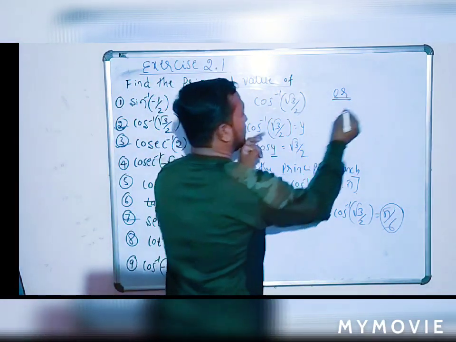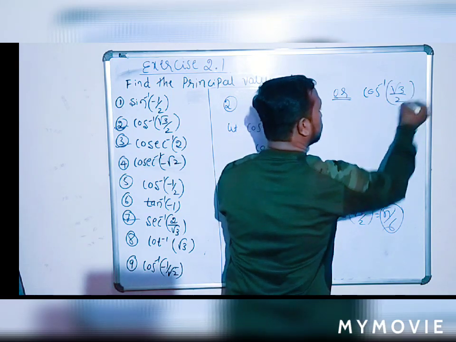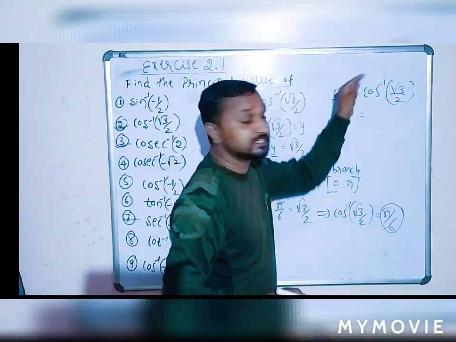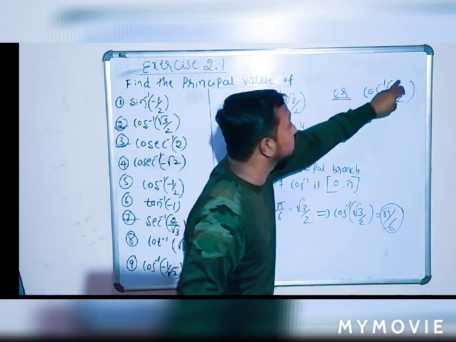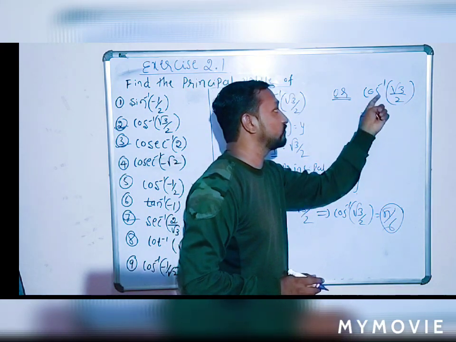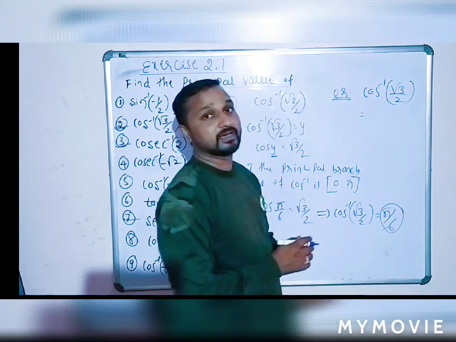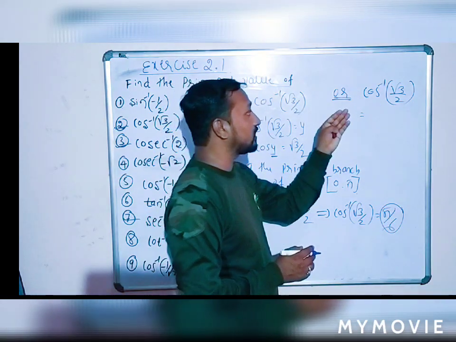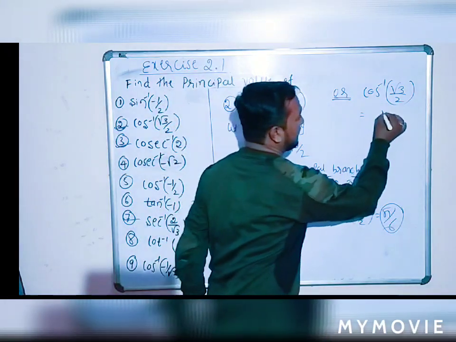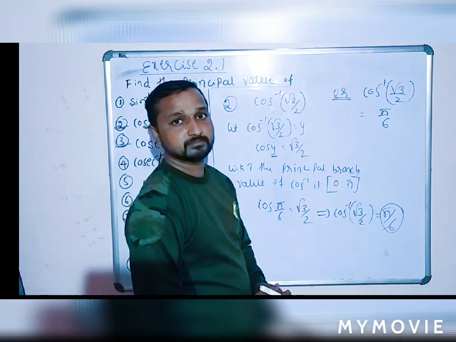That means cos inverse of root 3 divided by 2 is equal to the angle in which the value of cos is root 3 by 2. That is pi by 6. Directly we can write it.